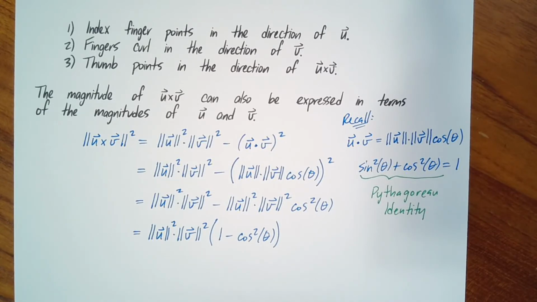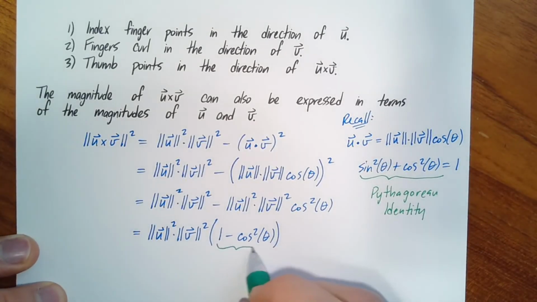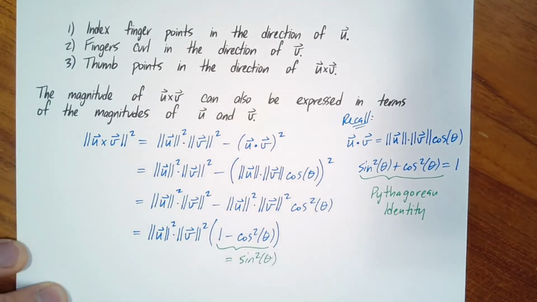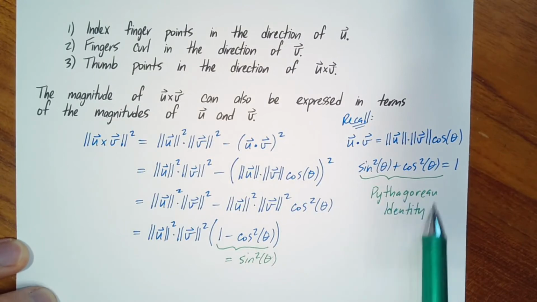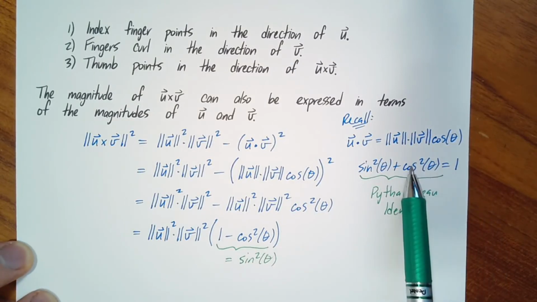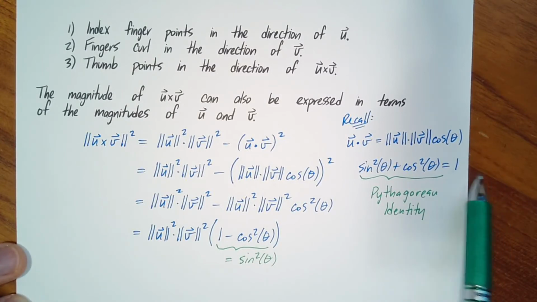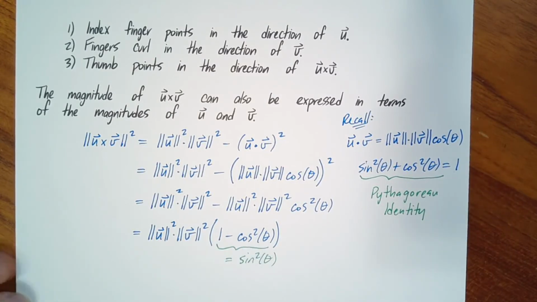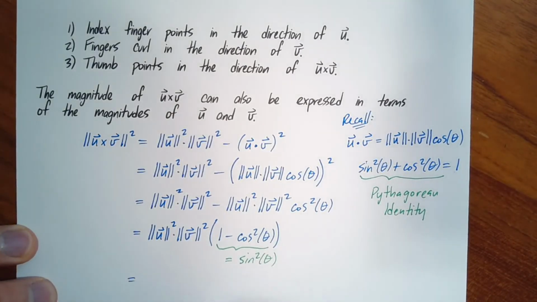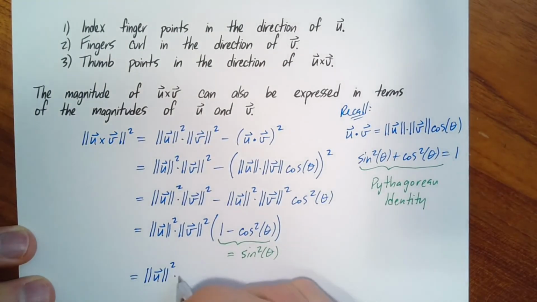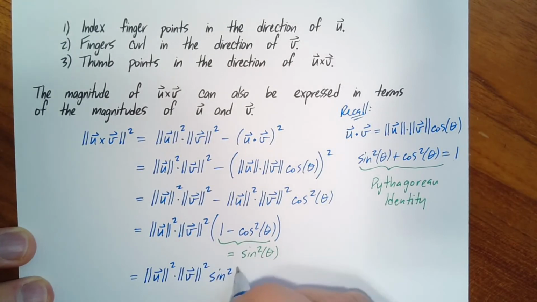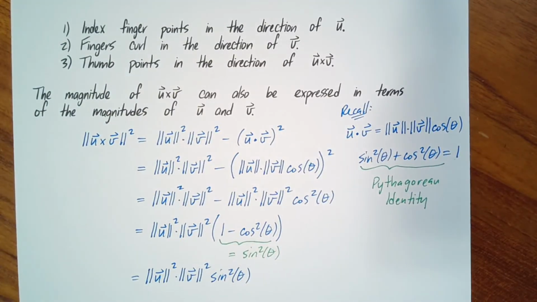So really, this here is actually equal to sine squared of theta, using the Pythagorean identity. So what we actually get here is the norm of u squared times the norm of v squared times sine squared of theta.